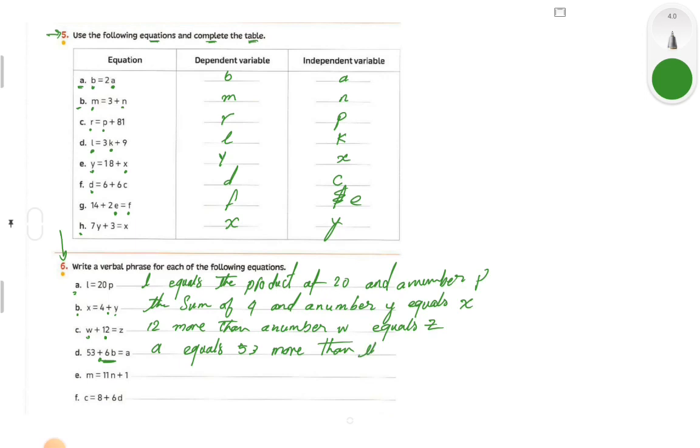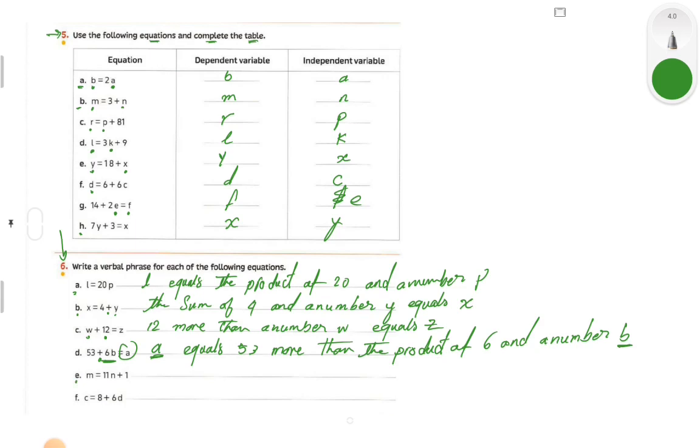The product of 6 and a number b. Again, a equals 53 more than, that means plus, more than what? More than the product of 6 and a number b.